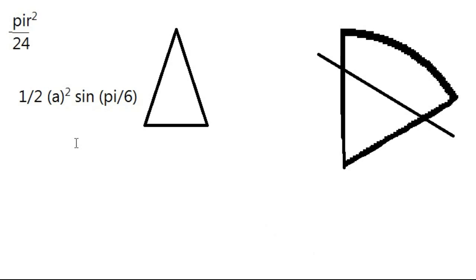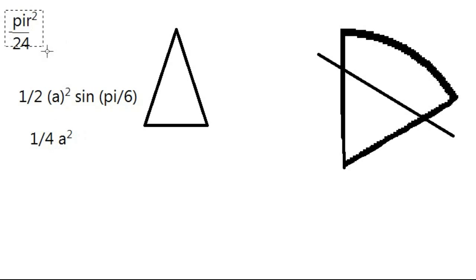Okay, so sine pi over 6 is a half, so it is 1/4 of A squared. And now we need to do it so that this area is equal to half a pie's area. And so we need to put A in terms of R, and we do rearrangements.